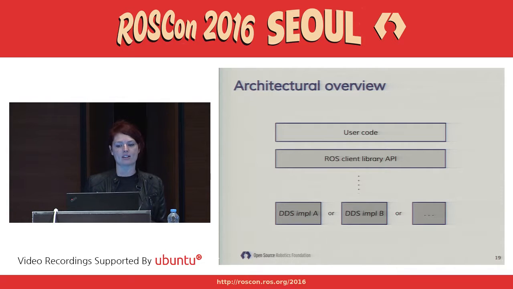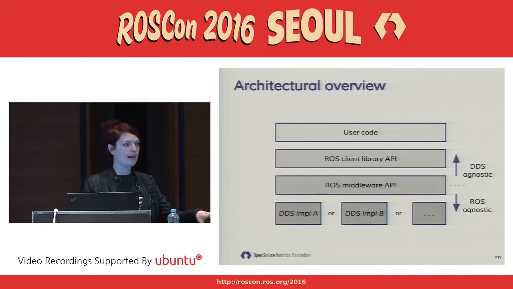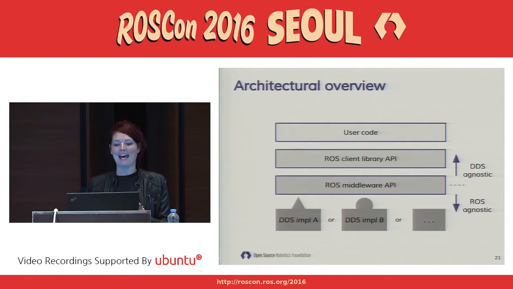And part of how that's achieved is through this ROS Middleware API that acts as an abstraction for all of the different vendors that are underneath. Because this diagram is obviously a simplification, and DDS, as I mentioned, is a specification that's then implemented by different vendors. And so what you find is that there are variations in exactly how those implementations are done.